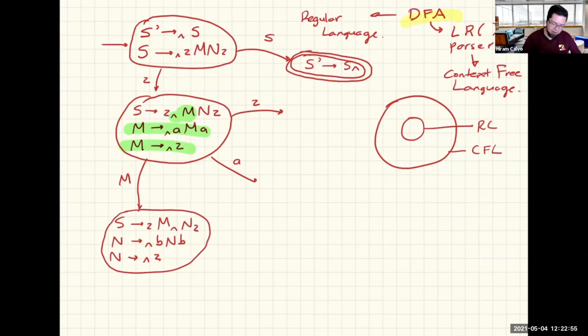So before we focus on this one, I will move to this A and see what happens if we move A. If we move A, then this M will turn into A, cursor, M, A. That's it. And again, I need to expand it because I'm standing just before a non-terminal.